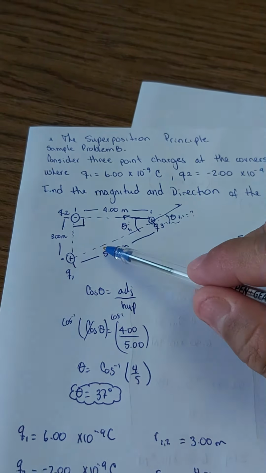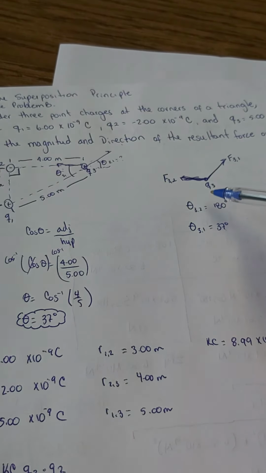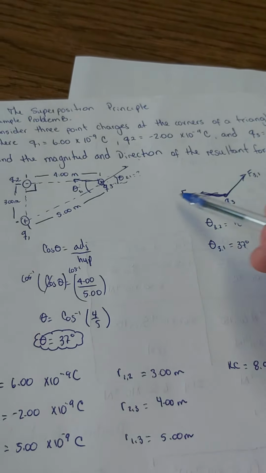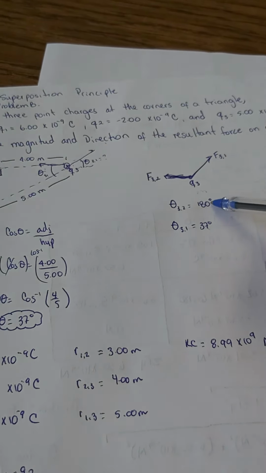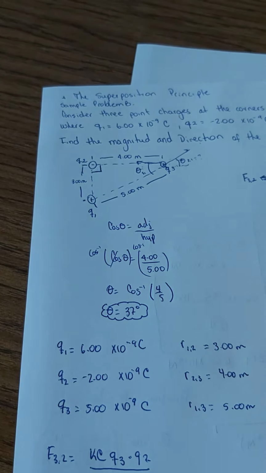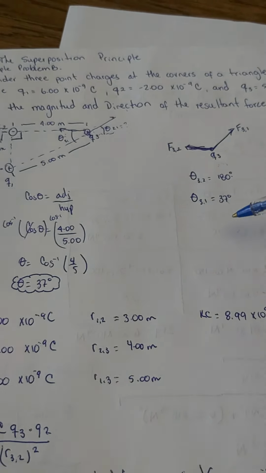And for each of the forces that you find, don't forget to find their corresponding direction. In this case, the force from 3 to 2, since it's going to the left, the angle will be 180 degrees. And from 3 to 1, since this is a right triangle, we use trigonometric ratios to find the angle, and we found that the angle was 37 degrees.